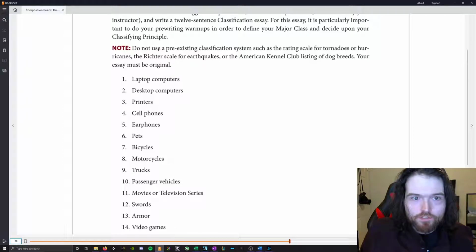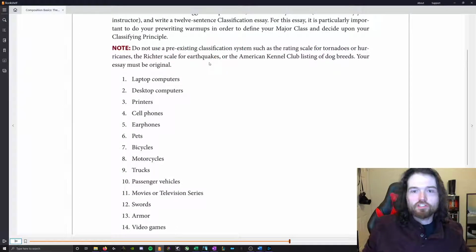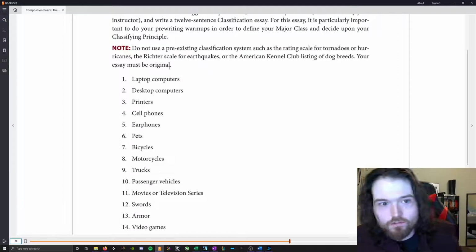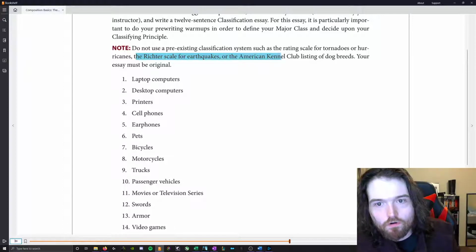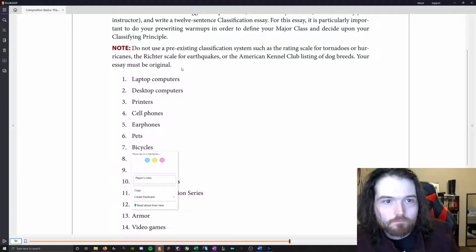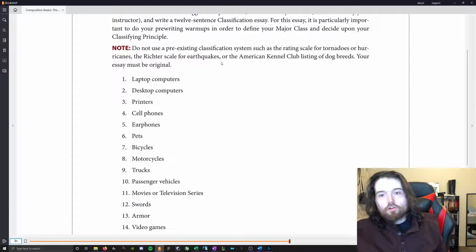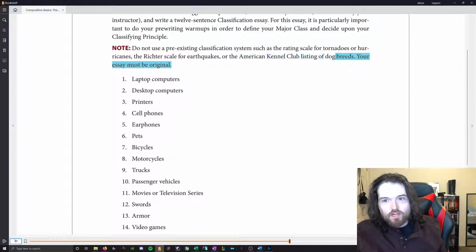Be careful though, so don't use pre-existing classification systems such as rating scale for tornadoes or hurricanes, the Richter scale for earthquakes, or the American Kennel Club listing of dog breeds. So nothing too obligatory. It does need to be your own essay. It must be original.